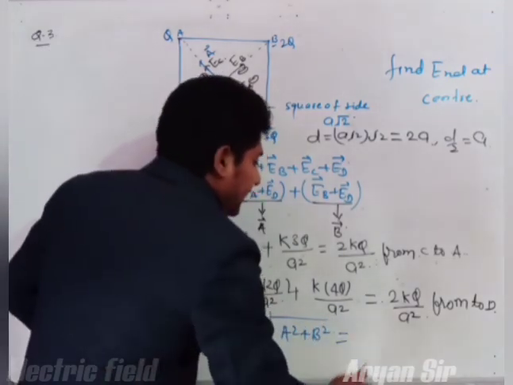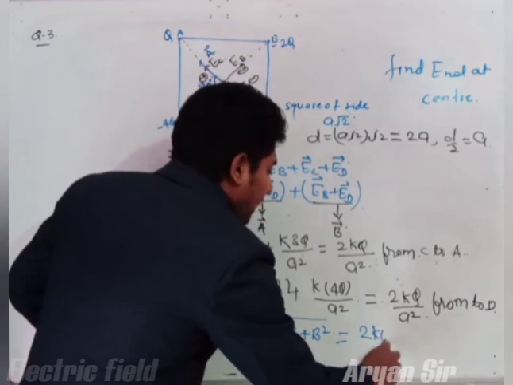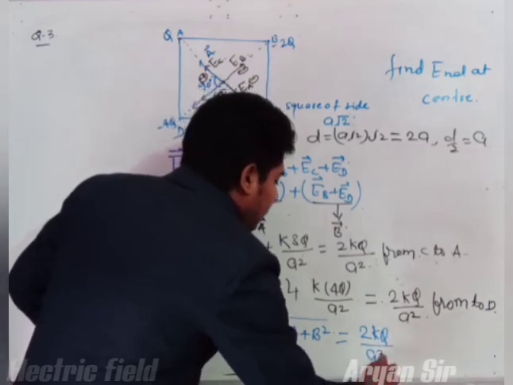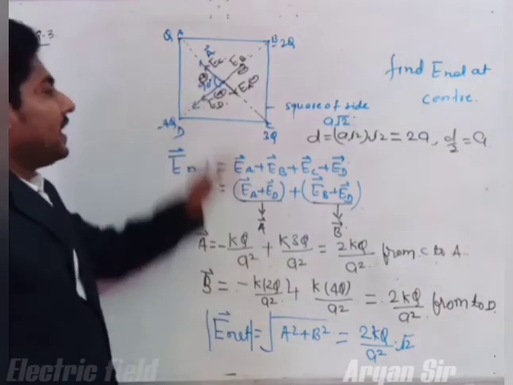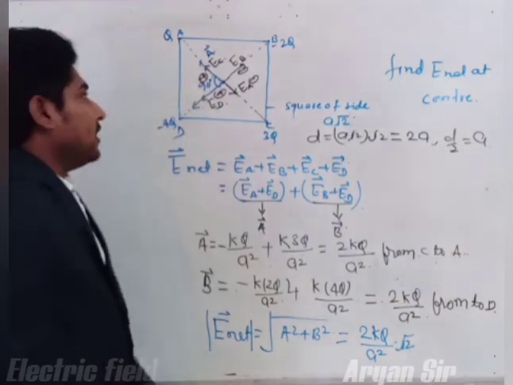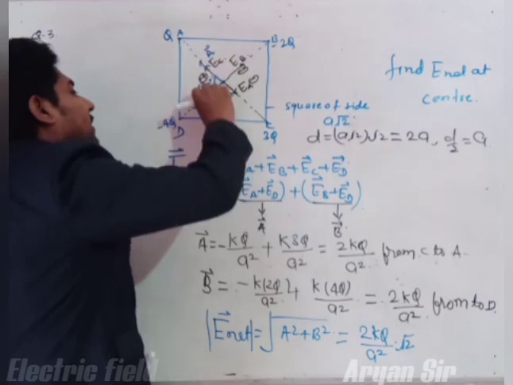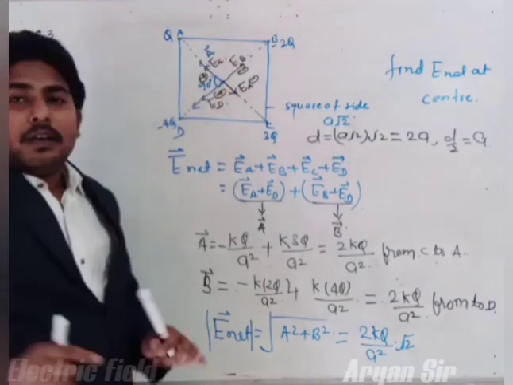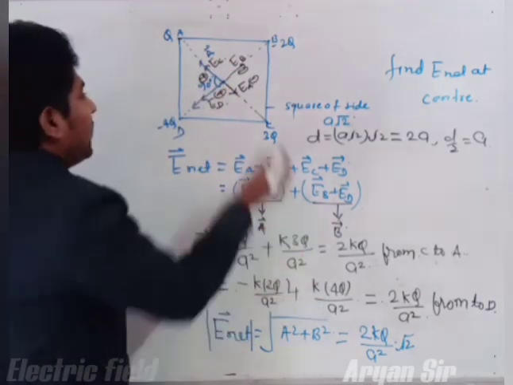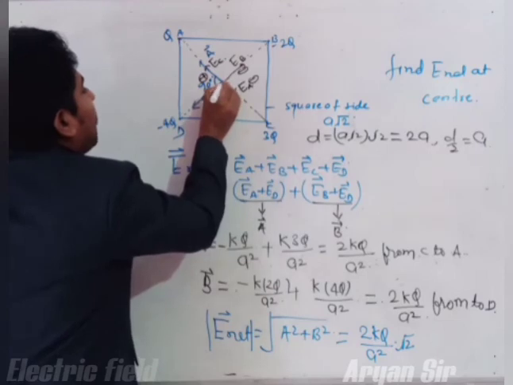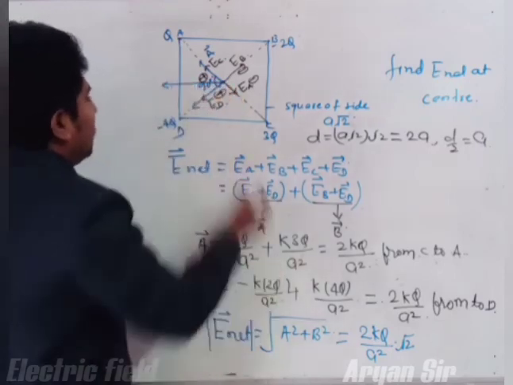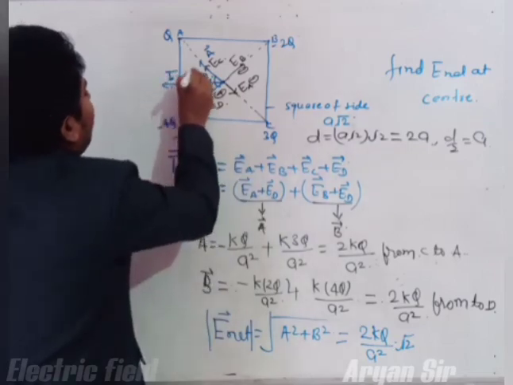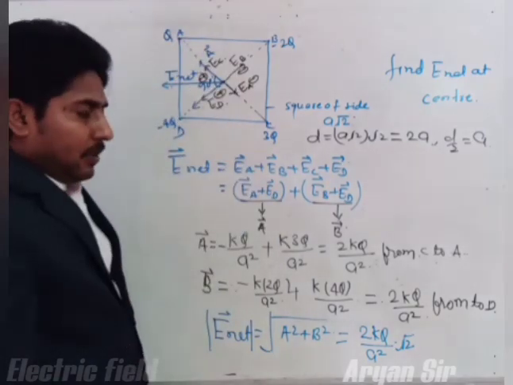So we can write it as 2kq by a square into root 2. And what should be the direction of the net electric field intensity, right? The magnitude of A vector and the magnitude of B vector remain the same. So the net electric field will go along the midline in this way. So this is the direction of E net. Okay.